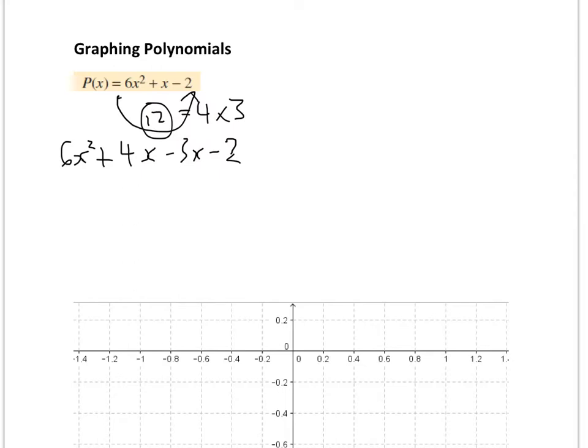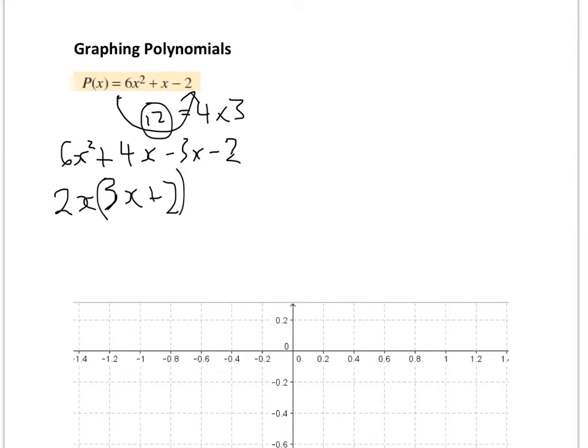Alright, now, because I've got it like this, I can factorise it pretty easily. I'm going to factorise the first two terms, so 6x squared plus 4x. 2 is a factor, as is x. And that leaves me with 3x plus 2.